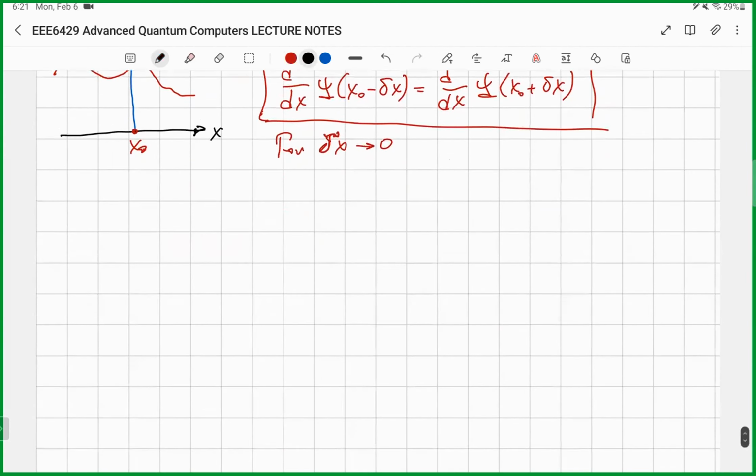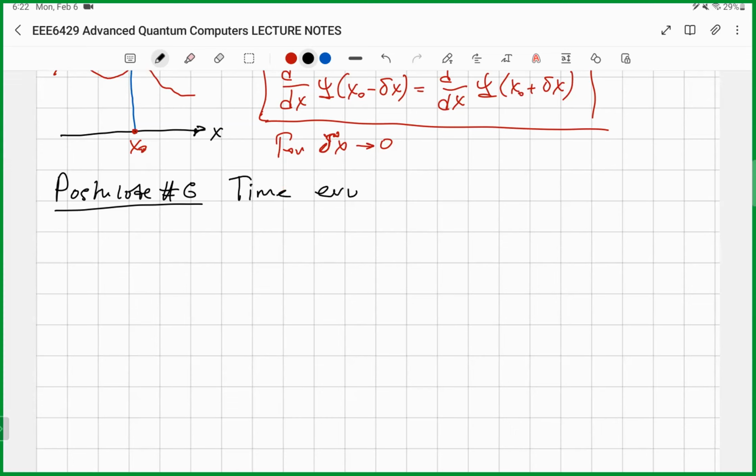All right. So then let's go to postulate number 6. This one is about the time evolution operator.